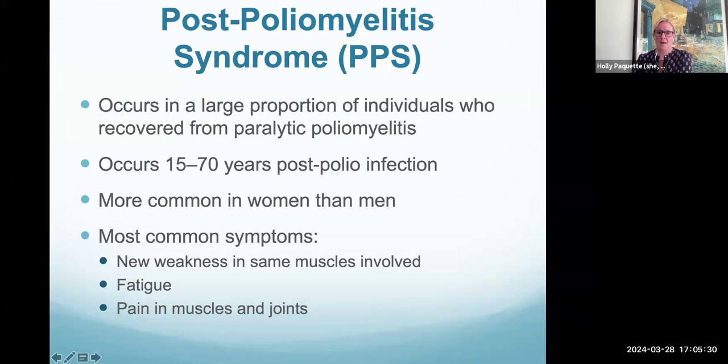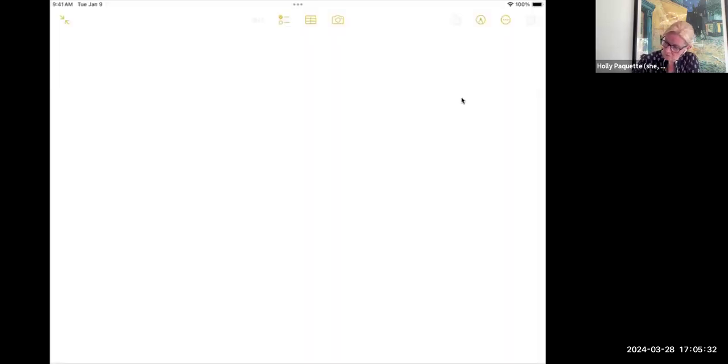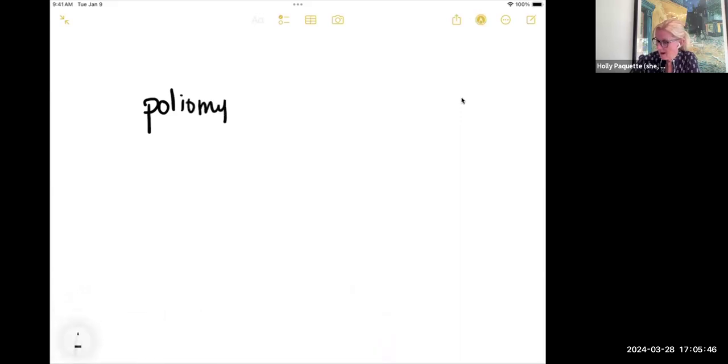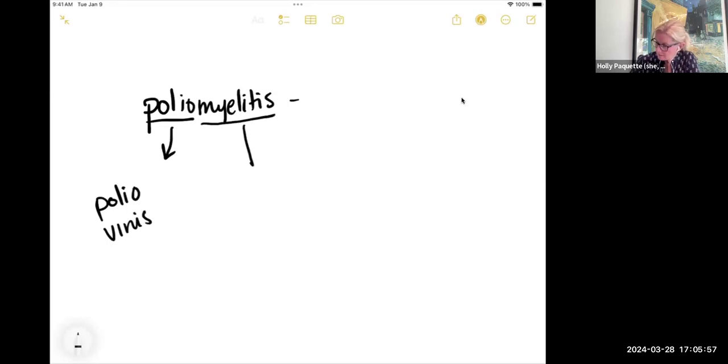So with poliomyelitis, that term, you'll see this a lot. Poliomyelitis. So polio refers to the polio virus. And myelitis, this refers to the myelin sheaths.